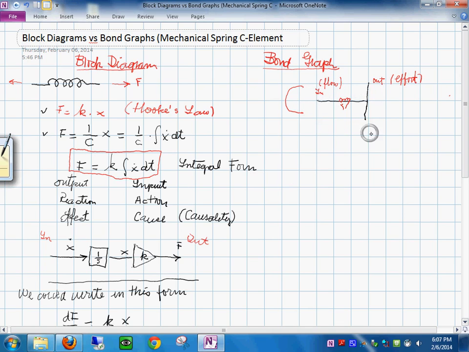What this means is that this output variable, this is your F variable. And the input variable in here, this is your x dot. So this representation that you have in here says that F is equal to 1 over C in this case times the integral of x dot dt.